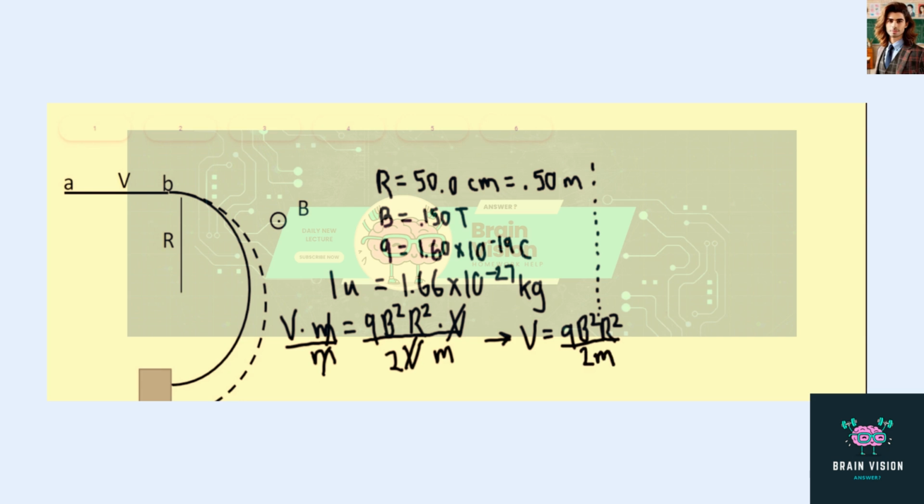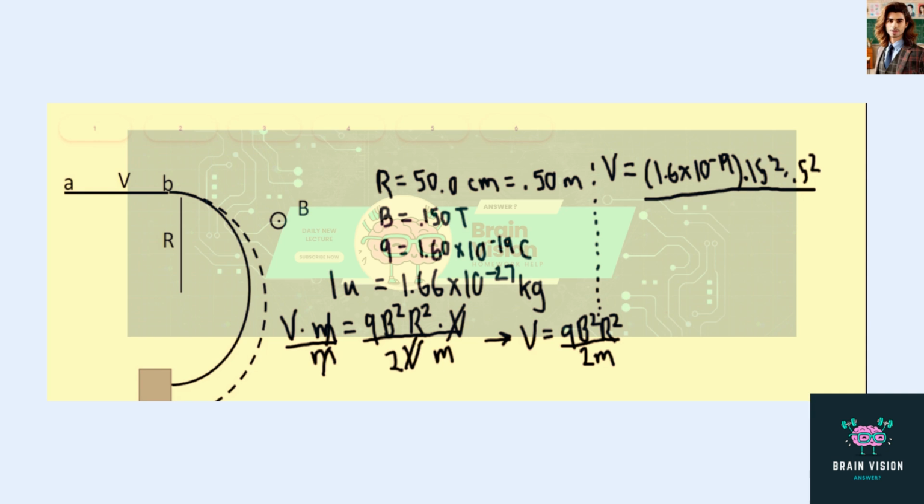Now we're going to substitute our numerical values into this formula. So we have 1.6 times 10 to the minus 19 times 0.15 squared times 0.5 squared over twice the mass.